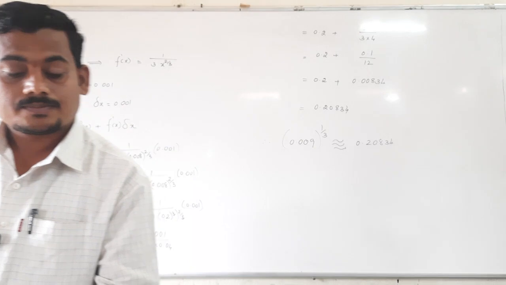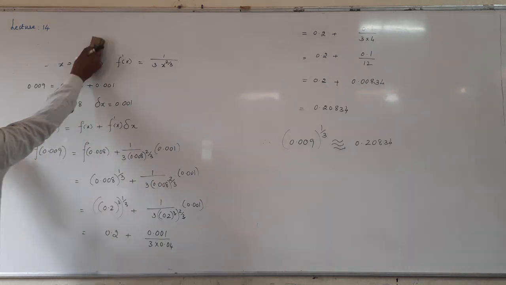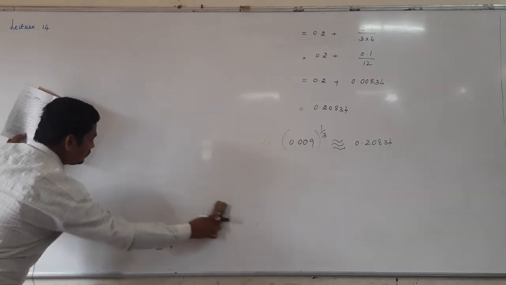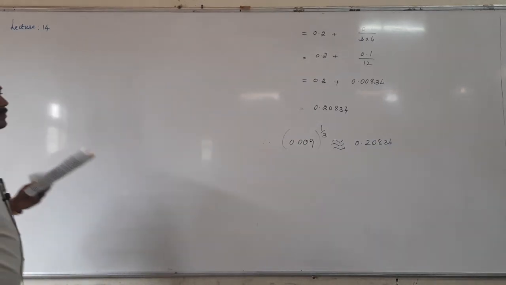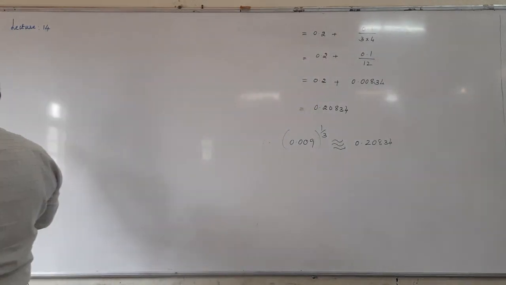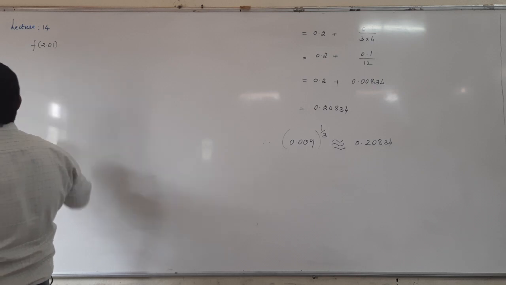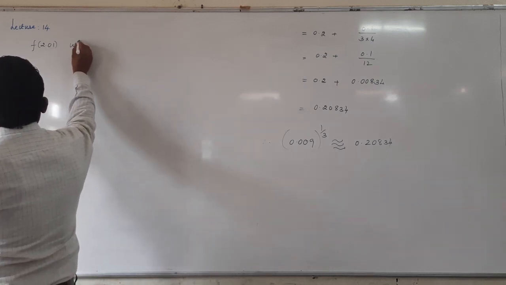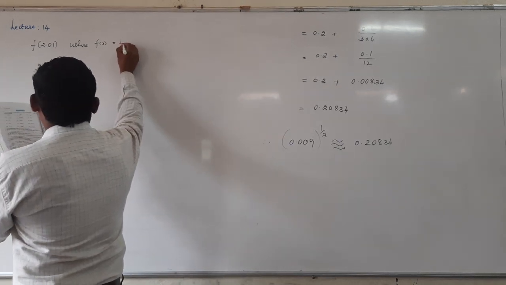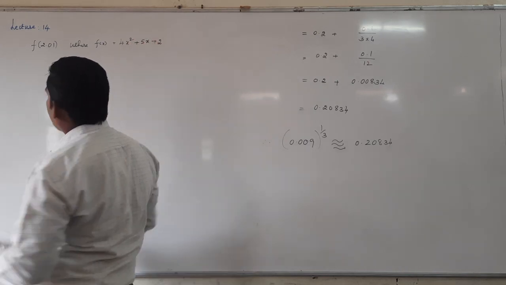Next problem. Find the approximate value of f of 2.01, where f of x equal to 4x square plus 5x plus 2.